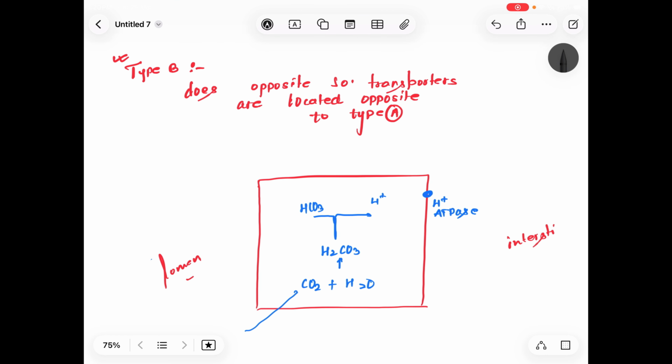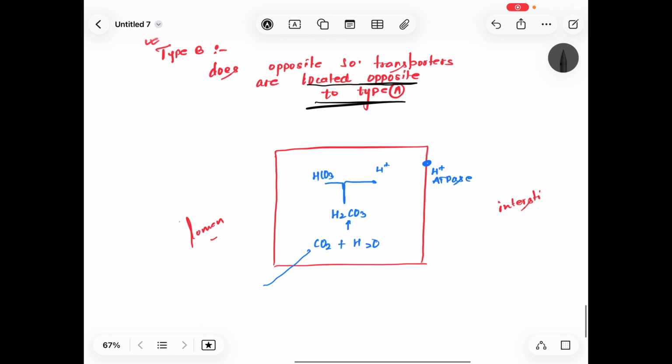So now coming to the type B intercalated cell, it does the opposite of type A. So the transporters are located opposite to type A. Similarly, CO2 comes inside the cell. CO2 combines with H2O with the help of carbonic anhydrase to form H2CO3. Again, it dissociates into HCO3 and H plus.